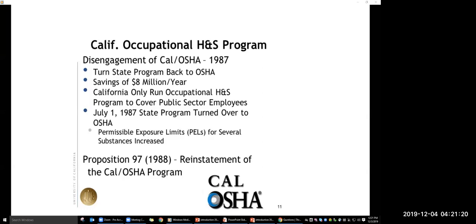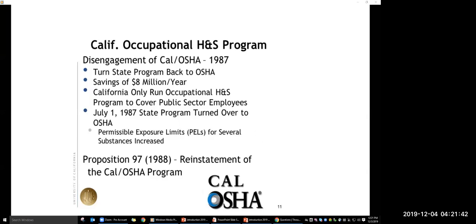It was later determined that the number of compliance inspections conducted by OSHA during the first year after the disengagement was only 25% of what Cal-OSHA normally conducts in a year, and the number of citations issued by OSHA was only 14% of the number in which Cal-OSHA issues annually.